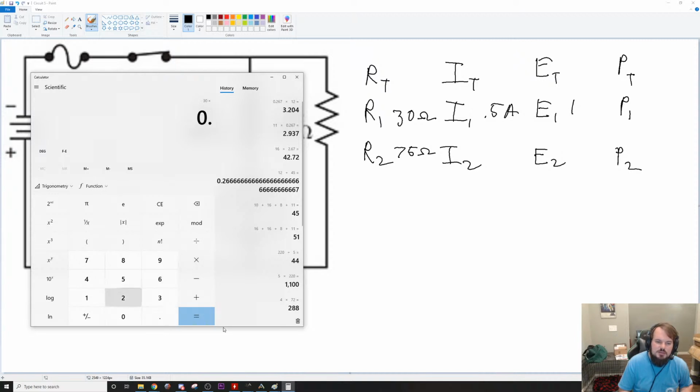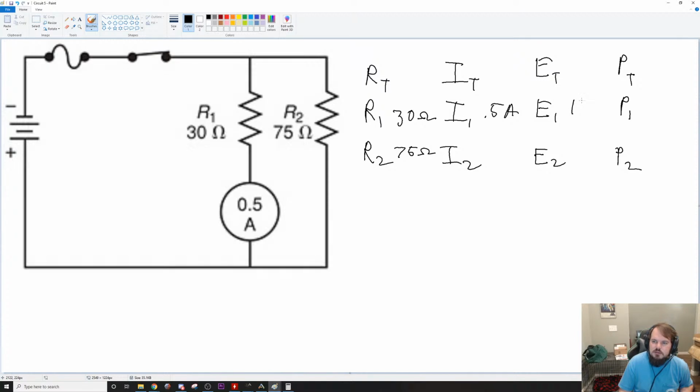I always screw this up. Yeah, it's 15. 15 volts. This is parallel. And in parallel, voltage is the same. So 15 volts and 15 volts.